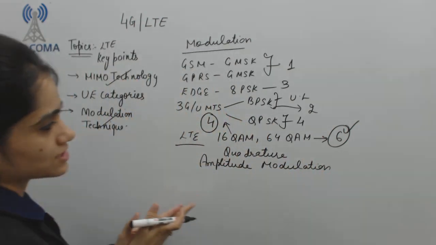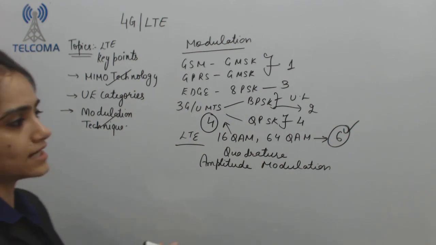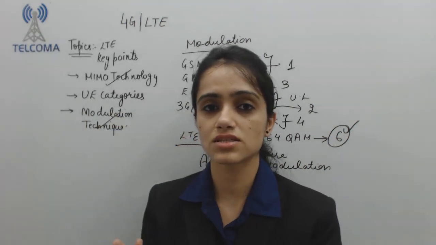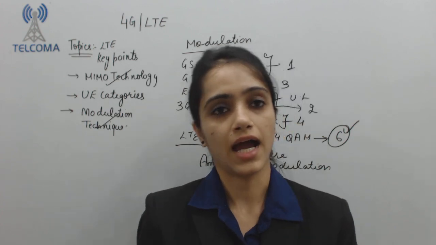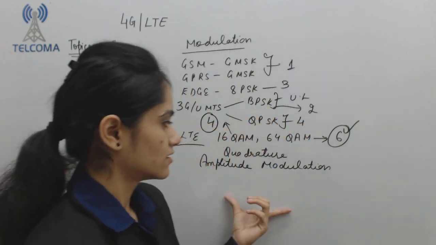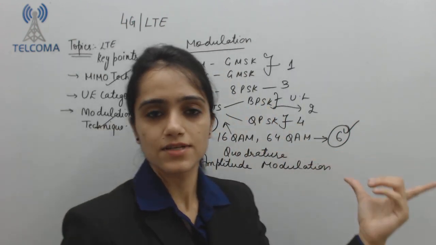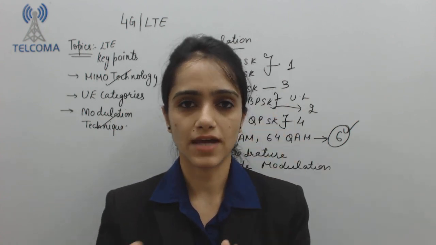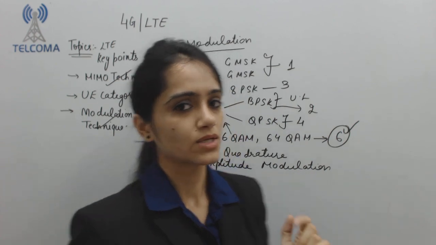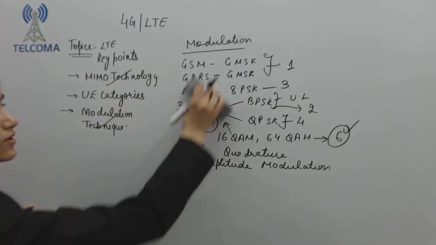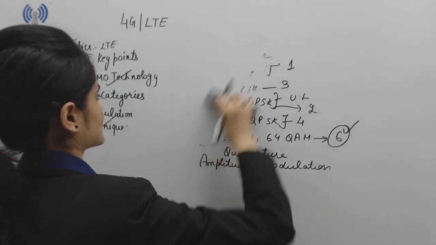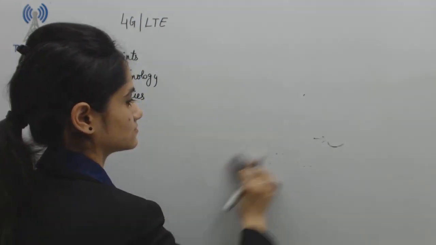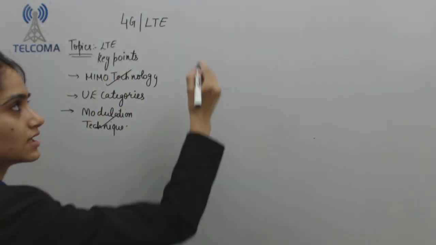So these are the modulation schemes we are using in our LTE system. LTE works on 16 QAM and 64 QAM, modulating 4 and 6 bits simultaneously. Quadrature amplitude modulation, that means at an angle of 90 degrees quadrilaterally. So this modulation scheme is also one of the key points. Now next is hardware.